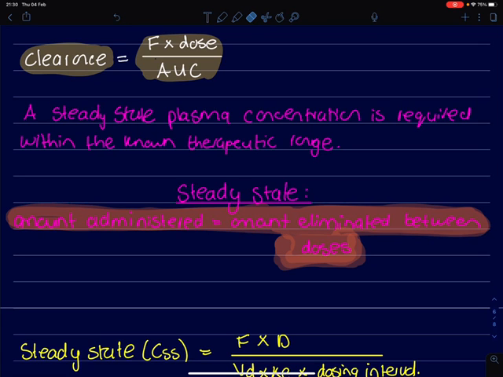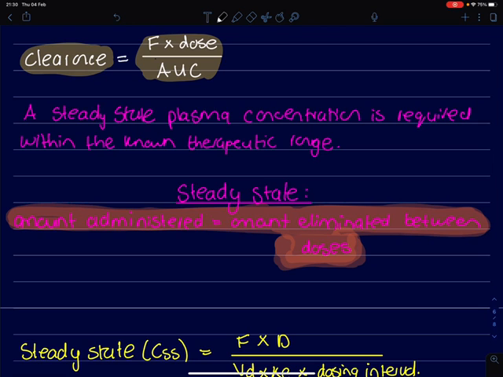Okay. So it's also very important to note that a steady state plasma concentration is required within the known therapeutic range. If you want to treat a patient, you require a steady state plasma concentration. And what does steady state mean? Steady state means that the amount of drug administered should be equal to the amount of drug eliminated by the body between doses.